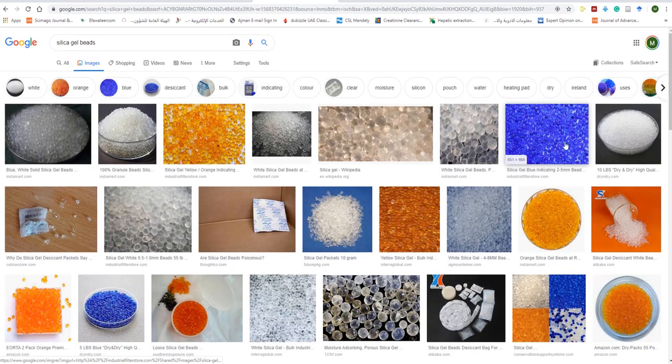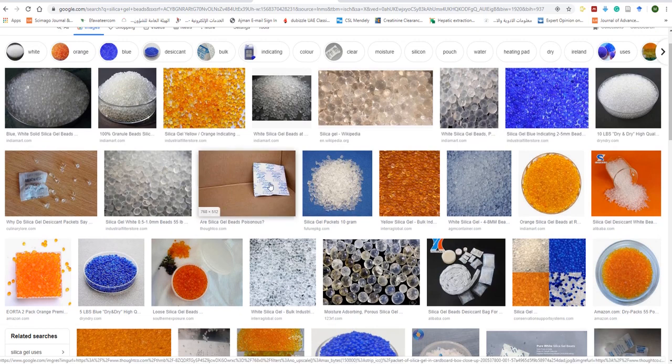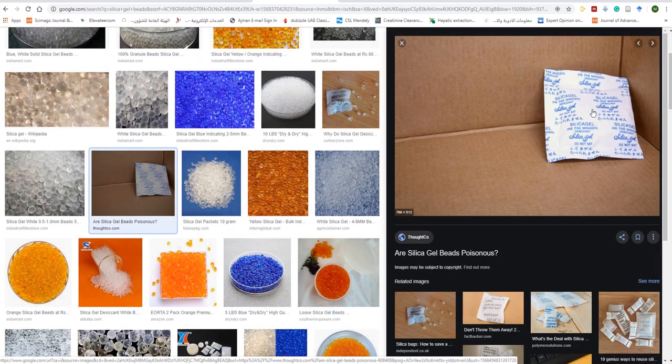Okay, so these are the silica beads. As you see, they are blue in color, and in many cases they are available in sachets. When they are added, as you see here, silica gel is added inside the bottles.